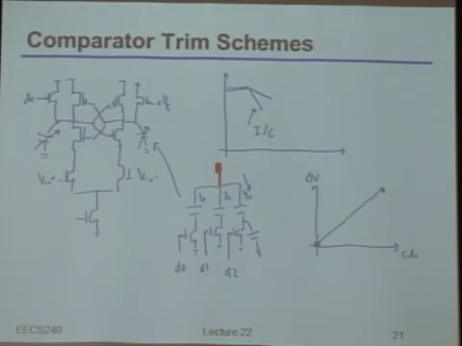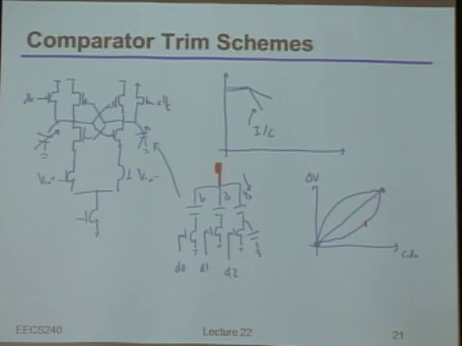Because if the line does something like this, or equivalently something like this, notice that in this case those initial steps are bigger, and similarly in this case the later steps are bigger.